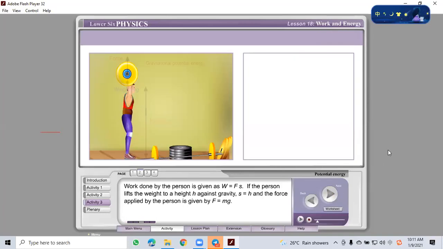Work done by the person is given as W equals Fs. If the person lifts the weight to a height h against gravity, s equals h, and the force applied by the person is given by F equals mg.